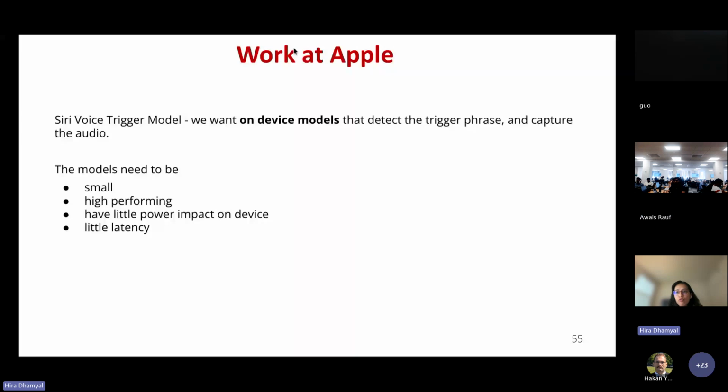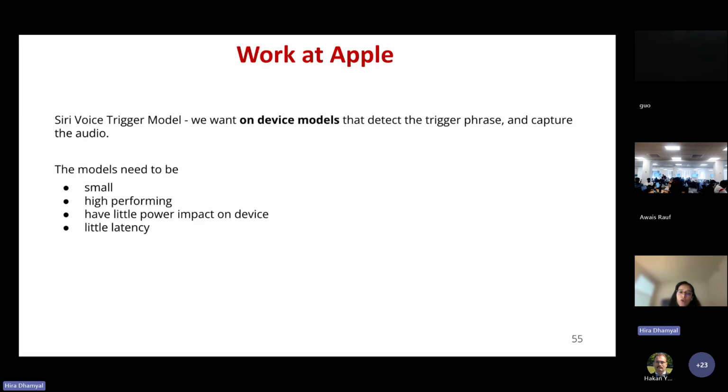I just want to go over a little bit about my work at Apple, and I can give very little information here. But what I can talk about is that I work on the Siri voice trigger model stack, which is basically what happens when you say, "Hey Siri," and your device wakes up and starts listening to you. It is a bunch of different models working on device, detecting the trigger phrase.